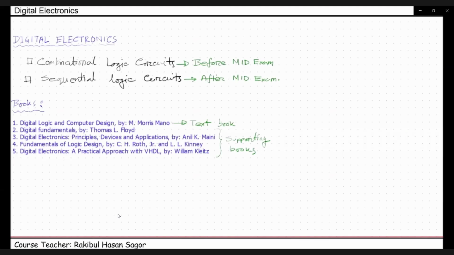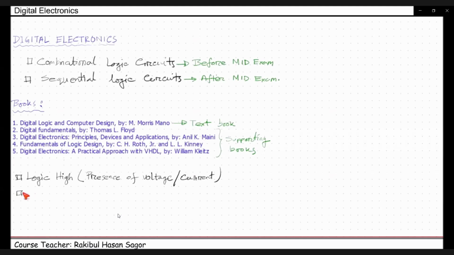So what we understand is that digital electronics deals with logic, that means presence of voltage or current, this is the one state.